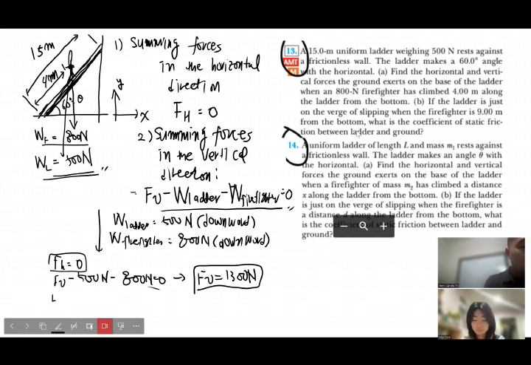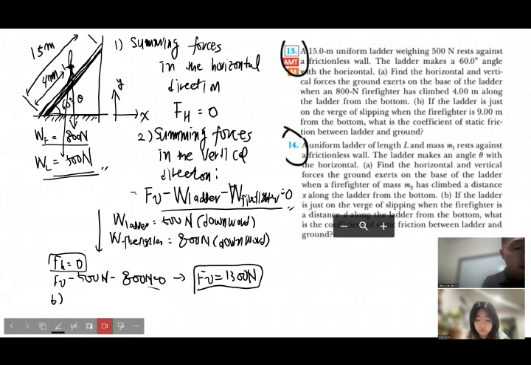Now with that idea, we have to figure out the static frictional coefficient, in the case that the surface of the ground is rough. That creates the frictional force, which actually holds this ladder from sliding.